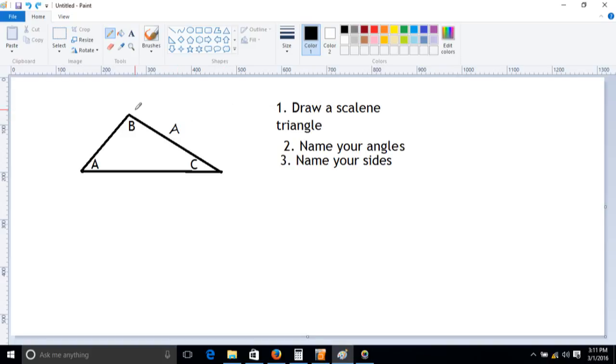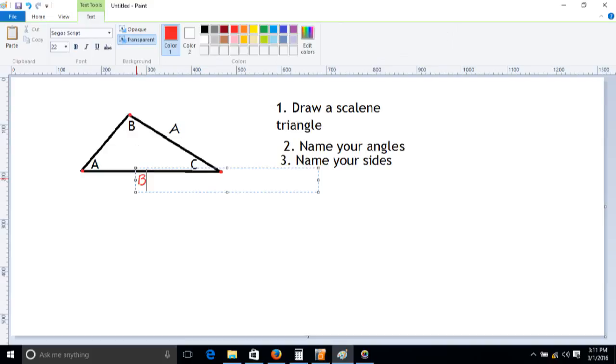How about we change this color to red. Now this side is in front of, or opposite to, angle B, so this side we call B. Change the color.